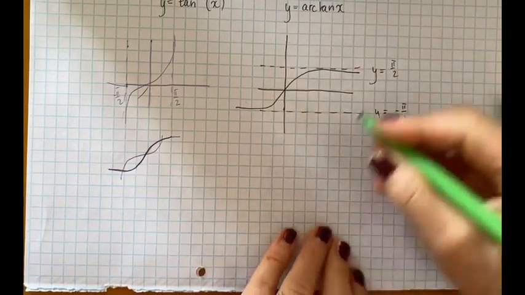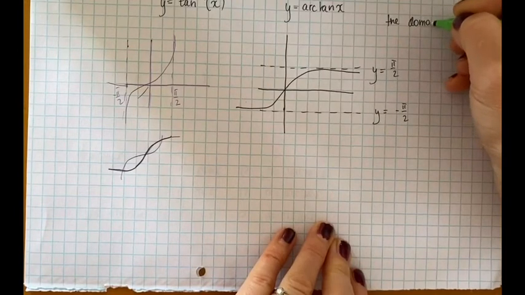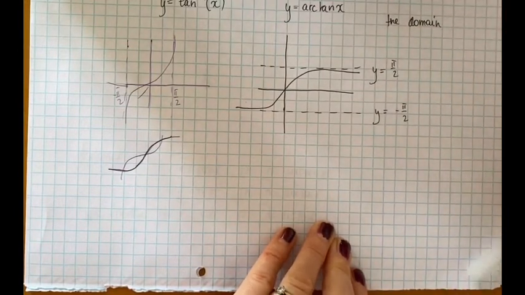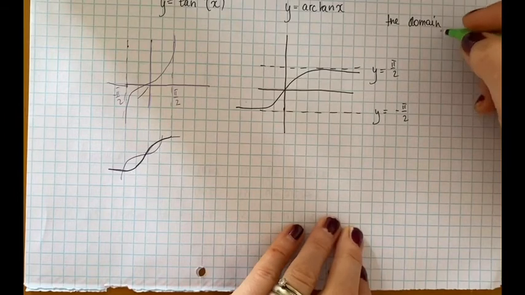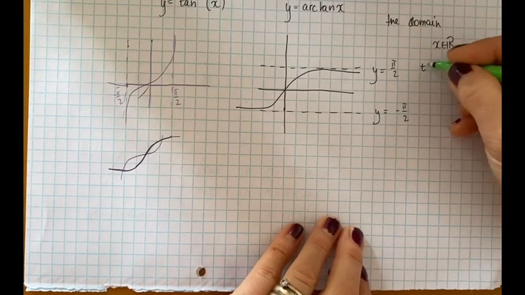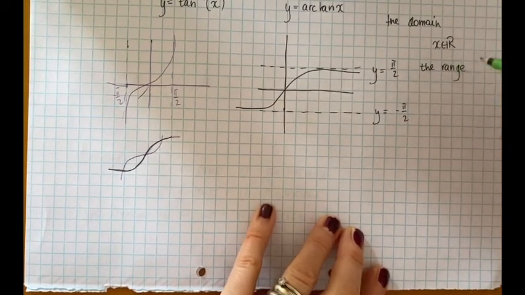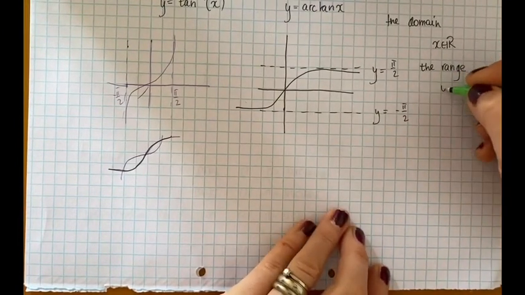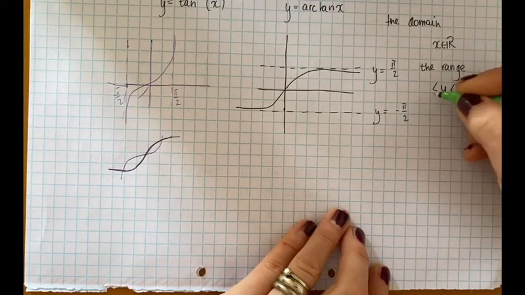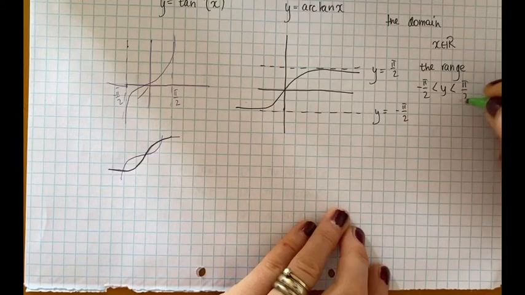There you go. So the domain used to be the range for tan, that is unrestricted. And the range is between the asymptotes, not including the asymptotes, so not equal.